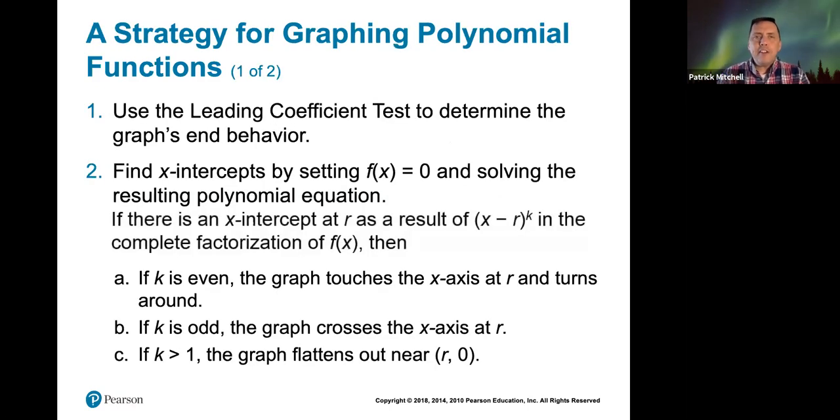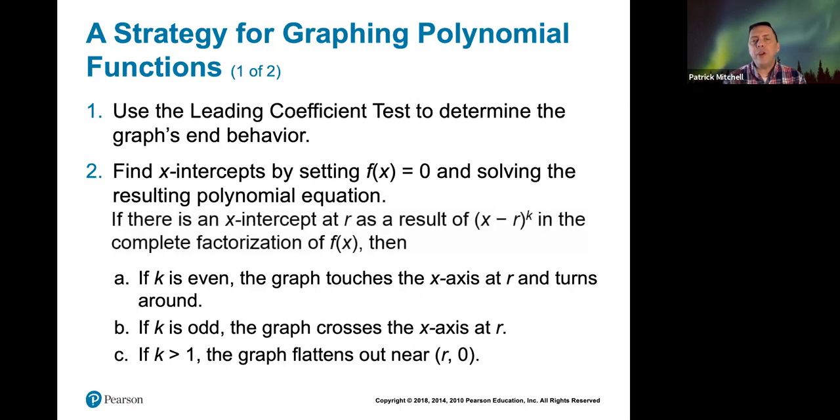So now we're ready to talk about a strategy for graphing polynomial functions. So the first thing you can do is use the leading coefficient test to determine the graph's end behavior. Remember this thing. And then find your x-intercepts by setting f of x equal to 0 and solving the resulting equation.